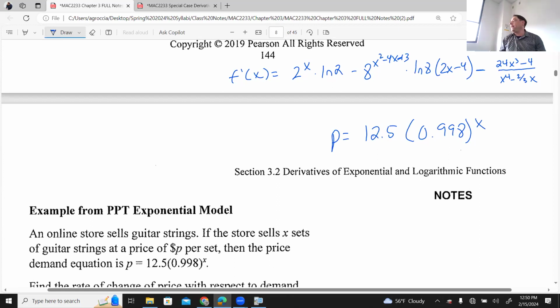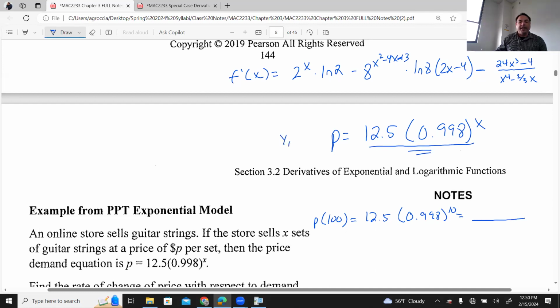Okay, now the question is, if I get 100 sets, what would this be? Okay, 12.5 parenthesis 0.998 raised to the 100. Go to your calculator, put this in Y1, be careful, put that in Y1, go to the table and get that answer. Okay, so put that in your calculator, Y1, go to the table, plug in 100 and see what you get.